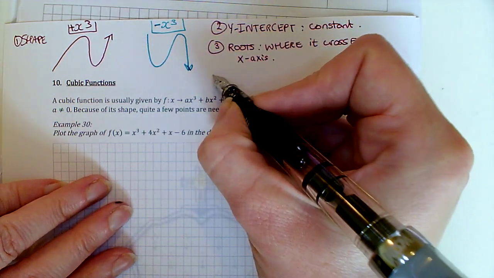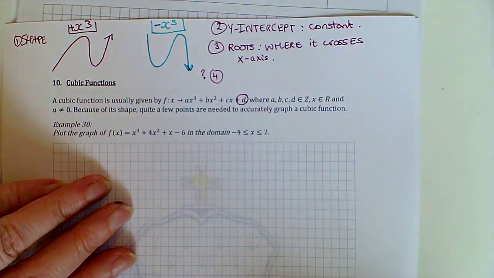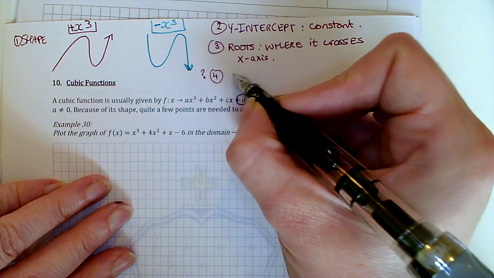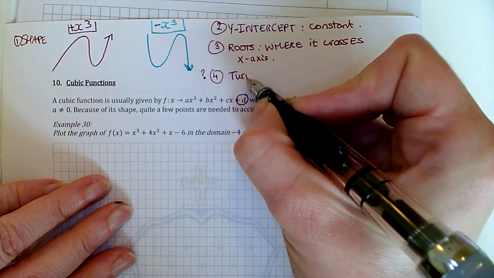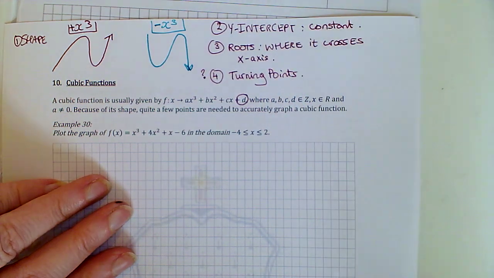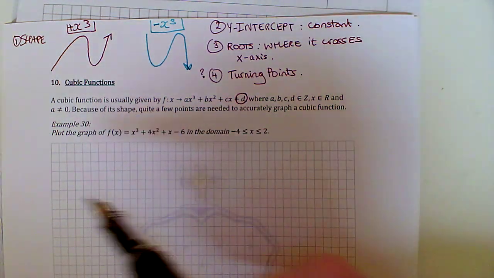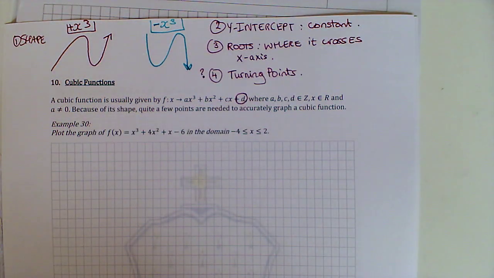Later, when we do calculus, so a little question mark next to this, you don't always need this, the turning points. Now, if you find those four things and you have them plotted, you can use the shape to sketch your graph quite quickly, and you'll be able to get full marks for the question.